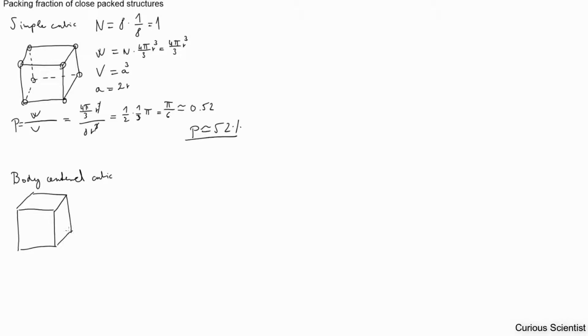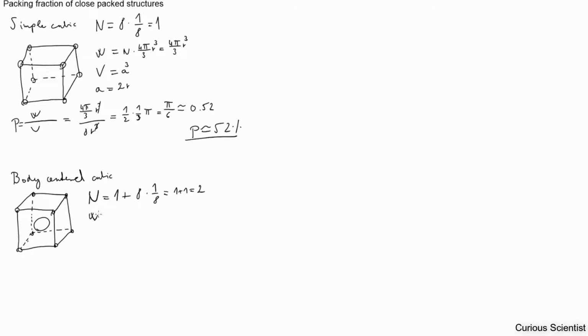There is one atom in the body center, and we have the other atoms at the corners of the cell, drawn to give a 3D effect. So we can count the number of atoms. We have 1 in the middle plus the rest at the corners, so this will be 1 plus 1. So we have 2 atoms per unit cell.